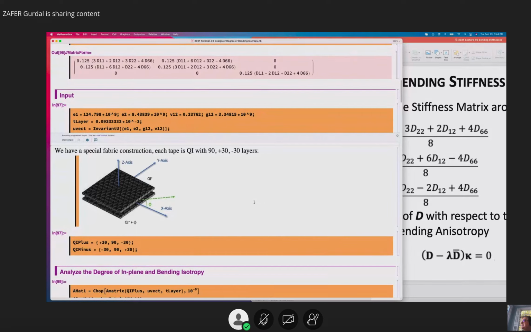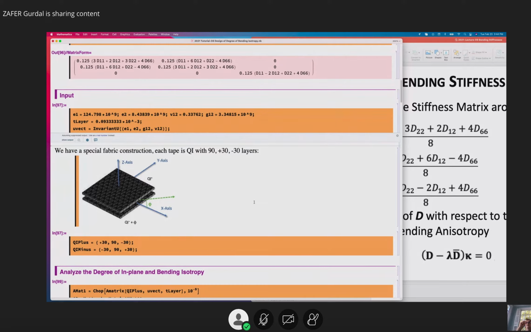These are put together by stitching, non-crimped fabric. These 3 plies are stitched on top of one another, zeros, plus minus 30s and 90s, to make one fabric.